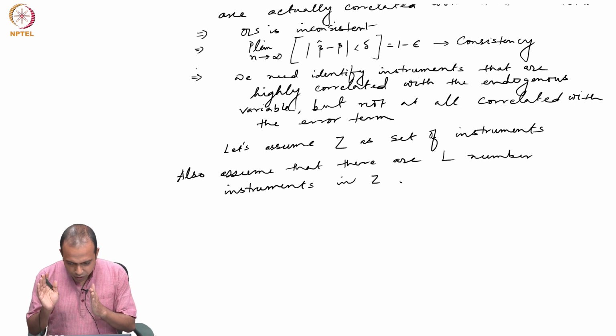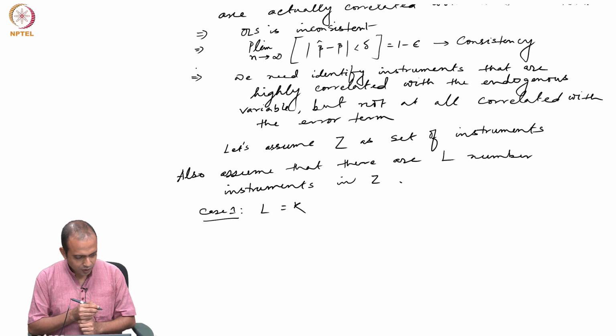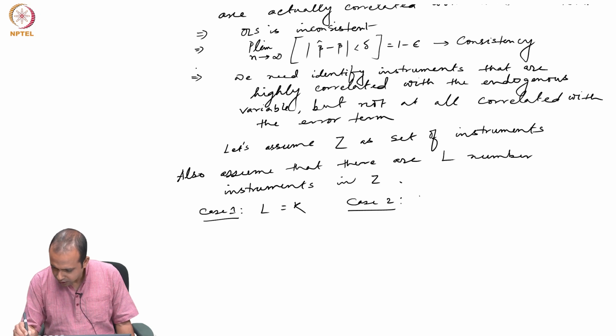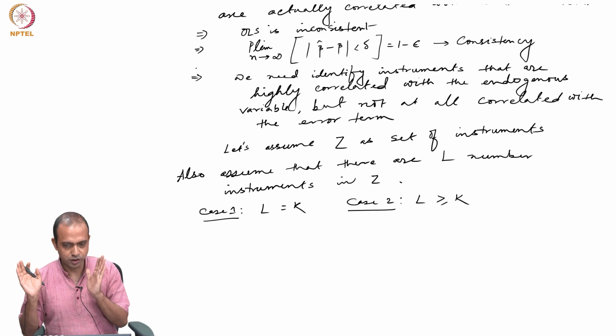Now there can be two cases. Case 1, L is equal to K, and case 2 is L is greater than or equal to K. What is K? K is basically the total number of parameters to be estimated in the model.